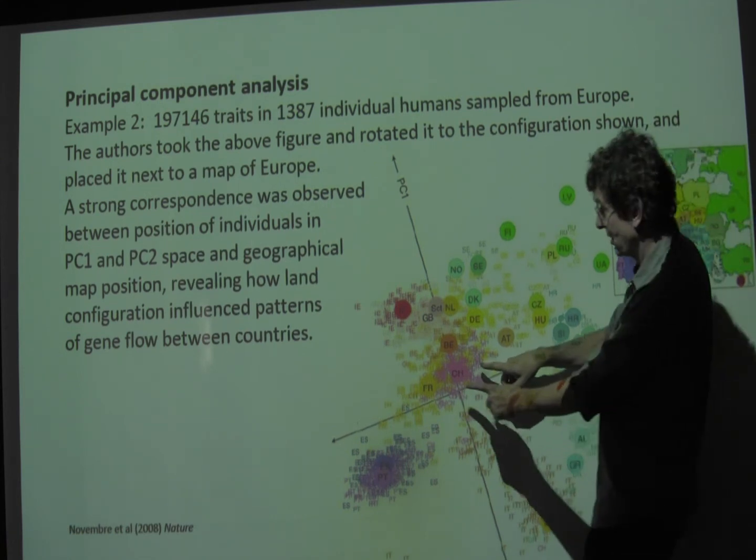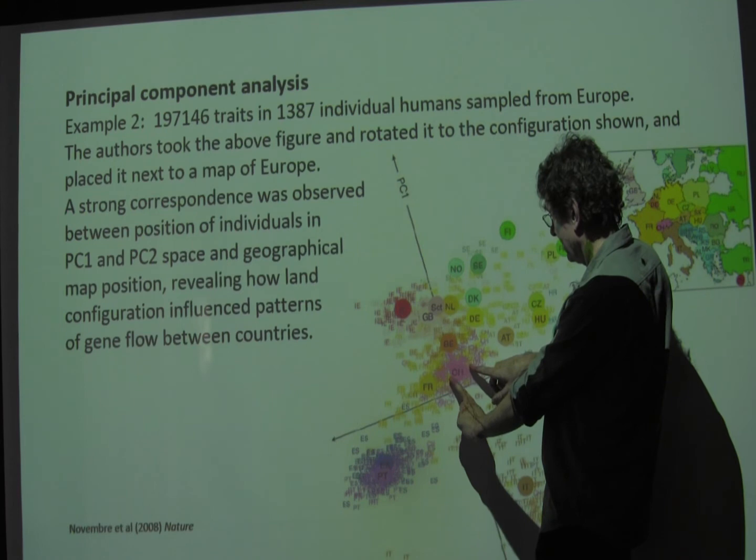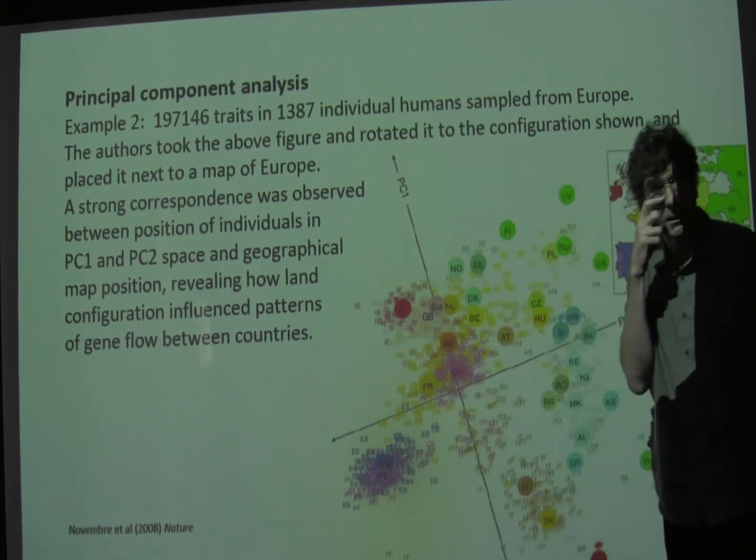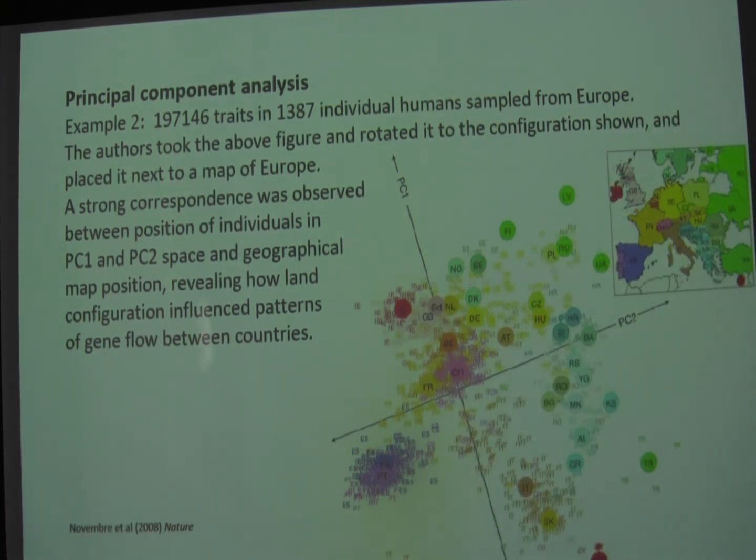What the authors also showed is that the English and Swiss-German sections of Switzerland are also separated. So even within a tiny country, there's genetic structure from the two sides associated with language. So there's a lot of history and gene flow in this graph.